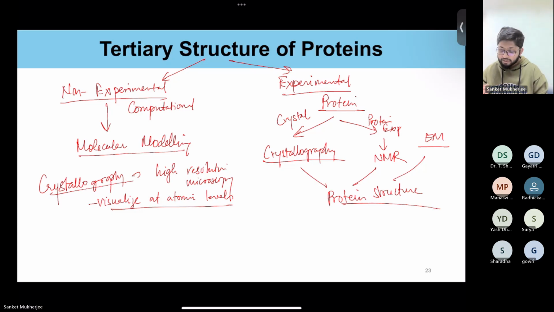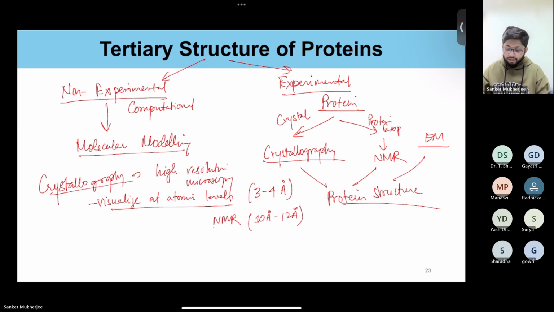The resolution that we get with this kind of technique is around 3 to 4 angstroms, which is really good. For NMR, we get a little lower resolution, maybe 10 angstroms or 12 angstroms, something like that. So the higher the number, the lower the resolution. So this is for NMR, let's say.